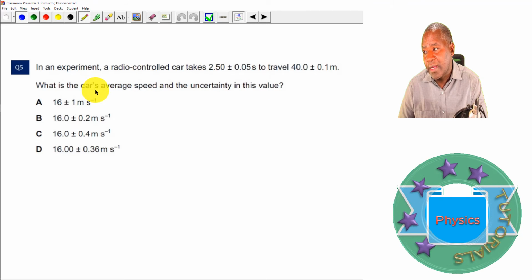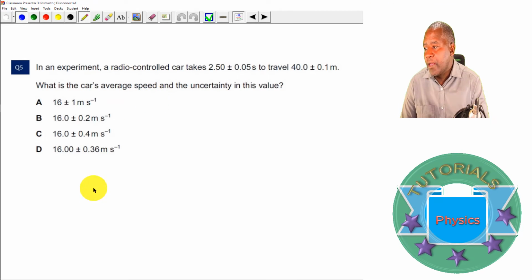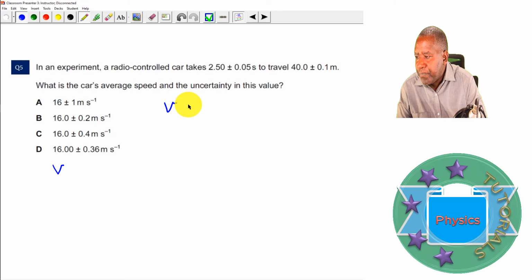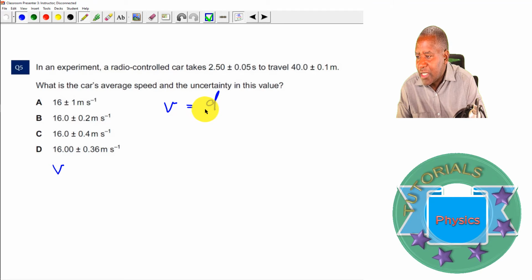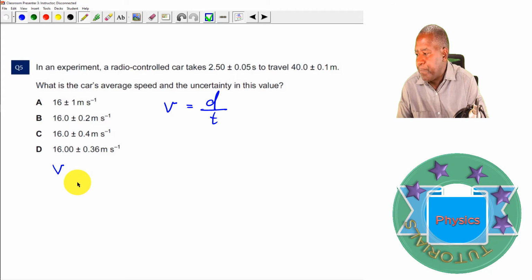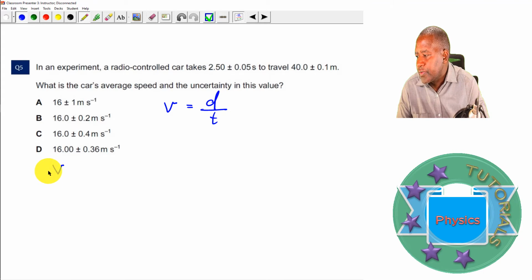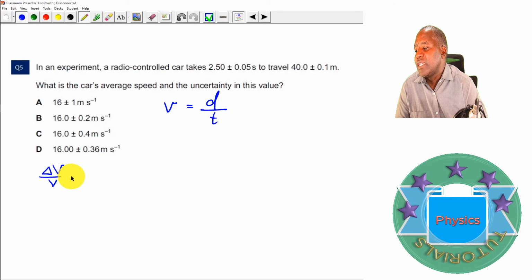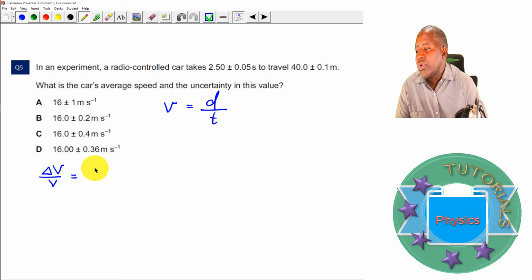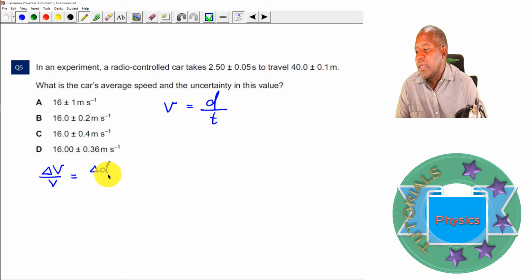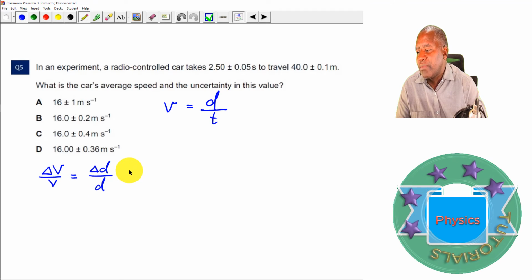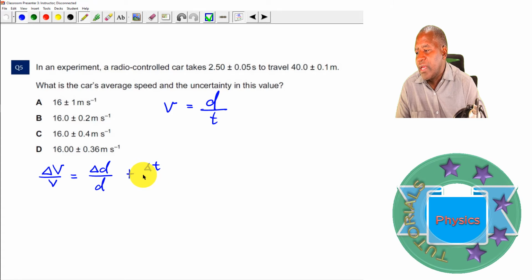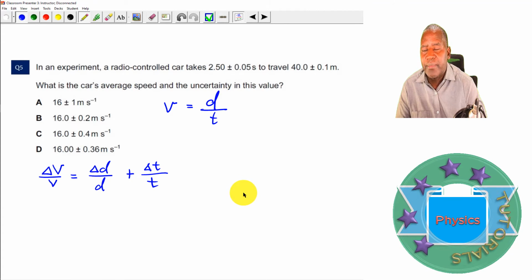What is the car's average speed? So how do we work out speed? Speed is worked out as distance covered divided by time. So the absolute uncertainty in speed divided by the speed itself is going to be equal to the absolute uncertainty in the distance divided by the distance, plus the absolute uncertainty in time divided by time.